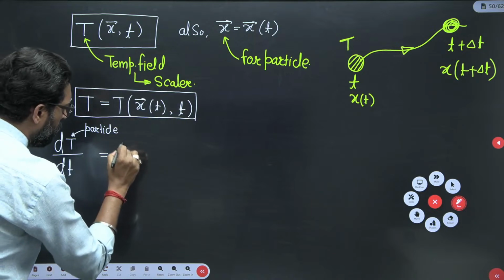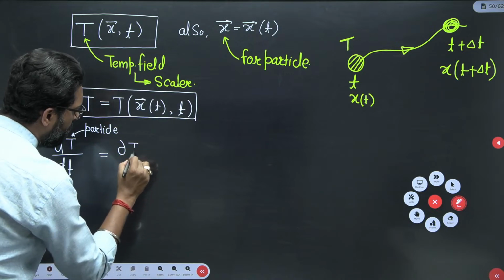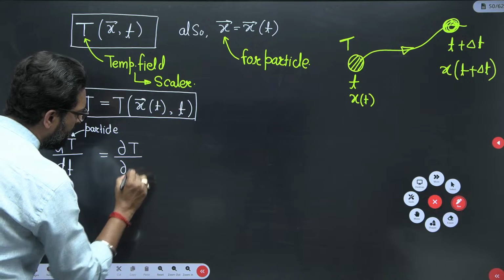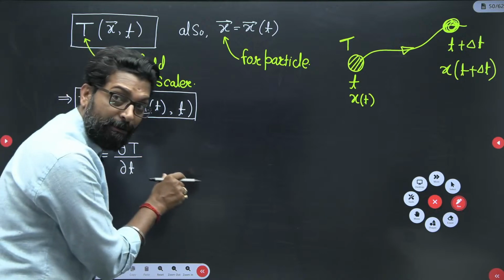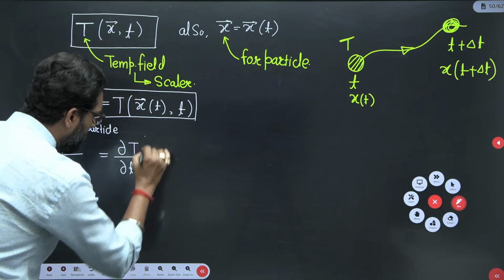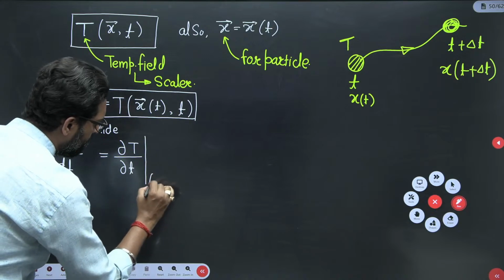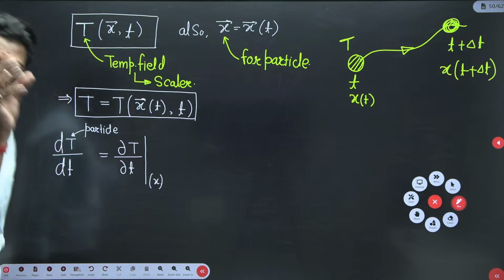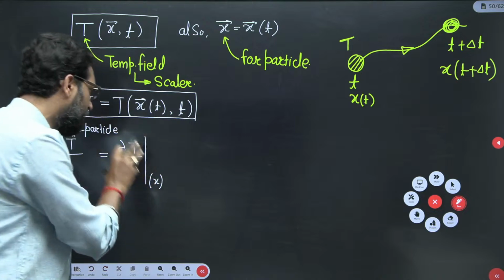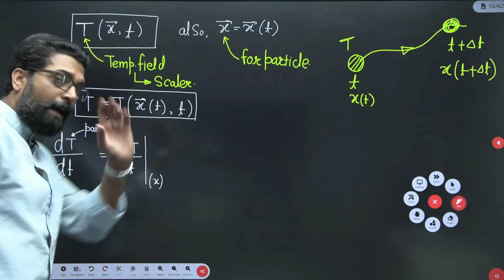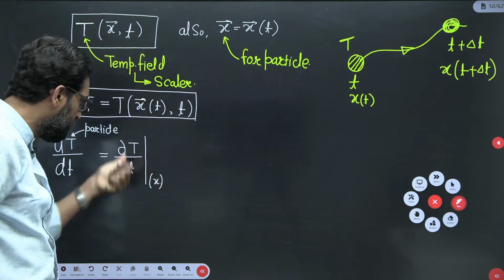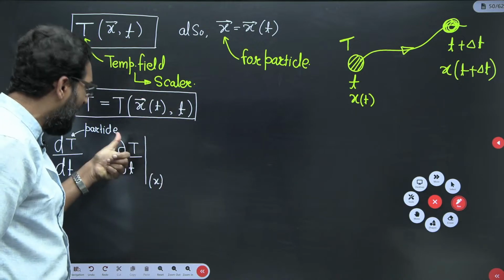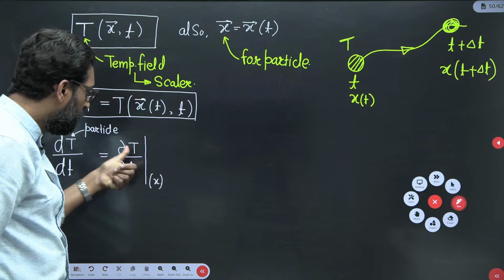So the partial derivative dou T by dou t. Why partial? Because it is at a fixed location x. At a fixed location, we are focusing on a region and seeing what is happening with respect to temperature.